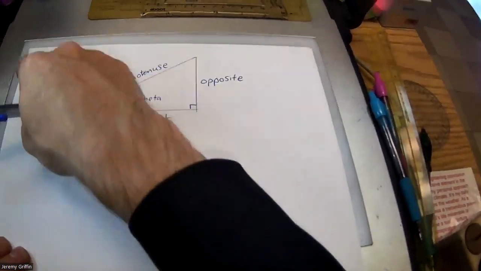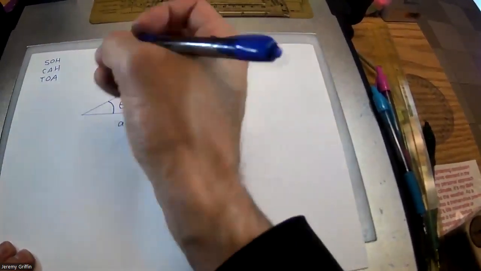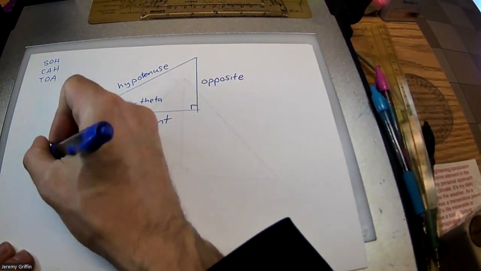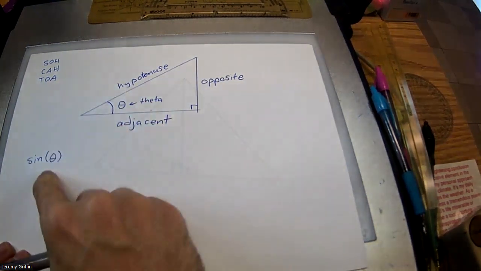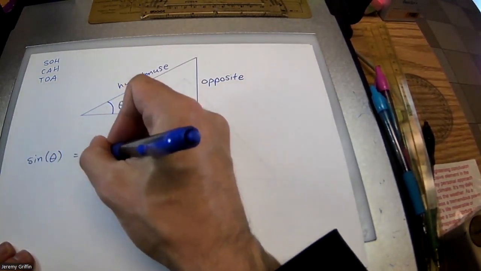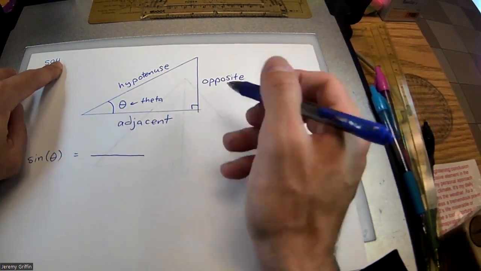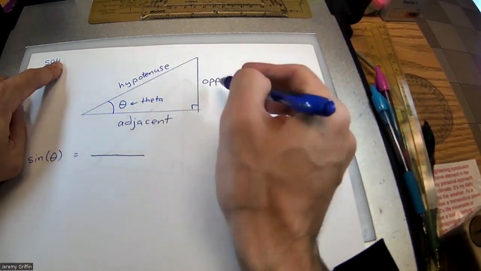So how about all the SOHCAHTOA stuff? That tells you the definitions of sine, cosine, and tangent. So sine of the angle, which is like a function, is defined as the ratio of what over what? How about opposite over hypotenuse?